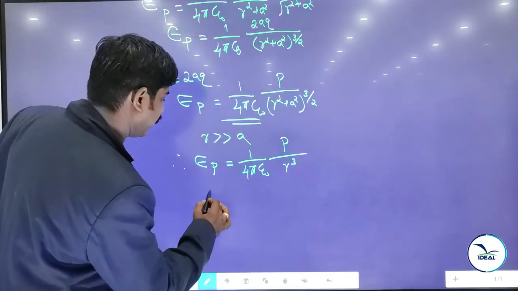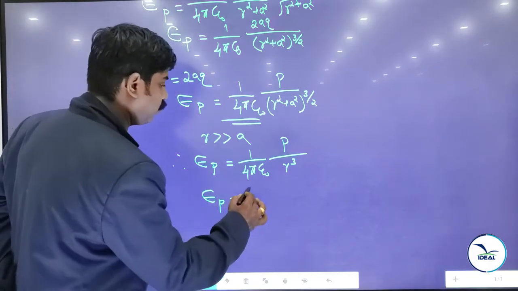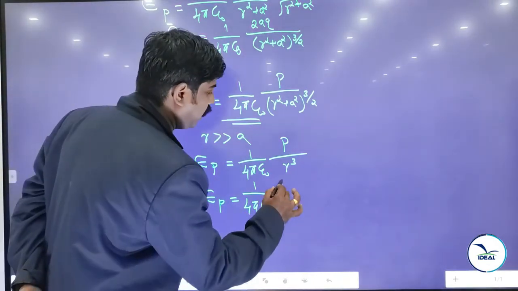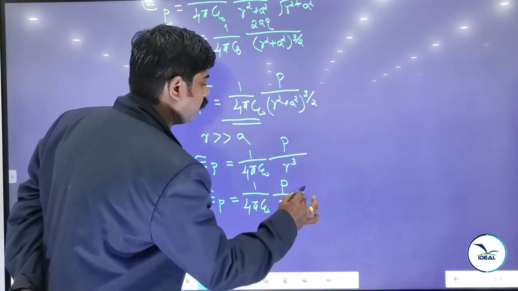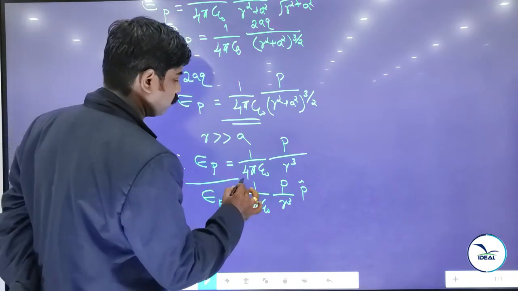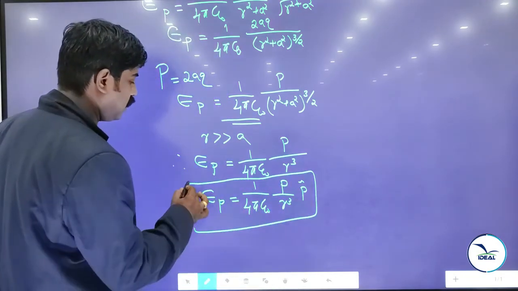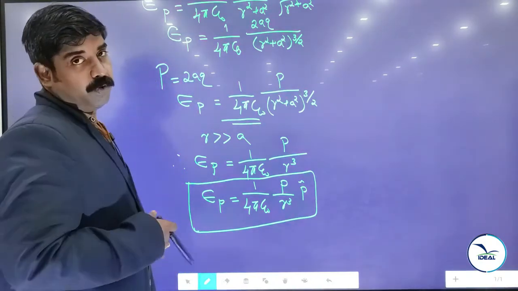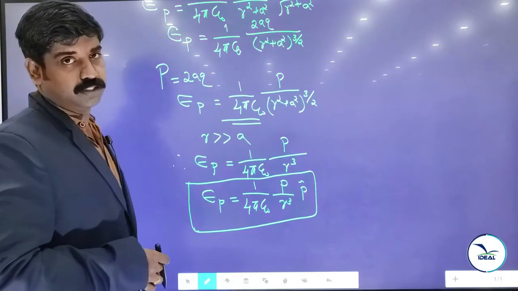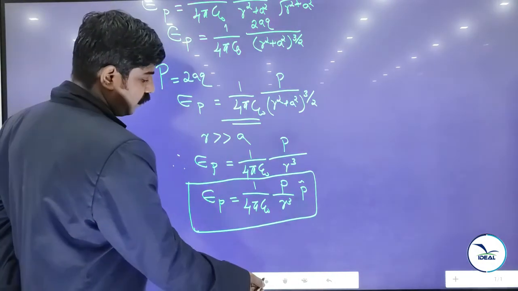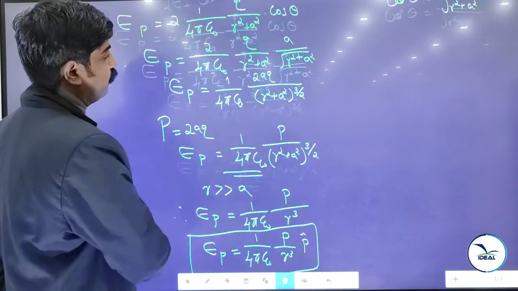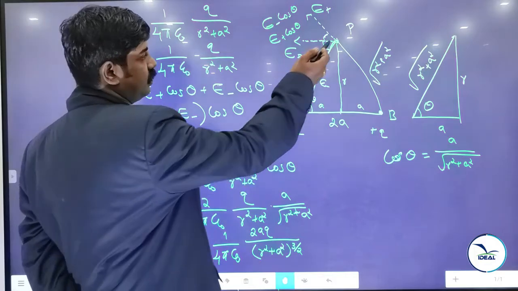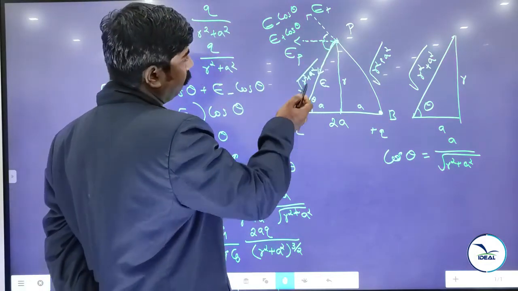Okay, then in vector notation, EP is equal to 1 by 4 pi epsilon 0 P divided by R cube into P cap. Okay, this is the expression for electric field for a perpendicular bisector or equatorial line.